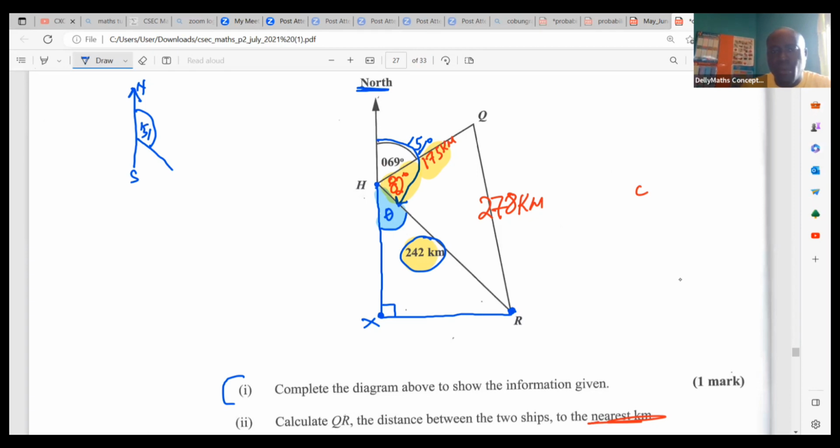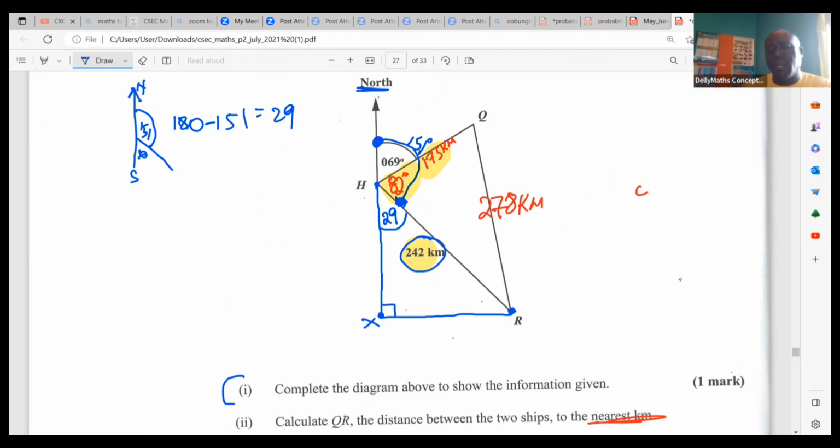So 151 would have led from here to here. Therefore, I could find this missing piece by saying 180 minus 151, because a straight angle does measure 180 degrees. So if I do subtract, I'm going to get 29, which means then that this angle right here that I'm intending to find is actually 29 degrees.